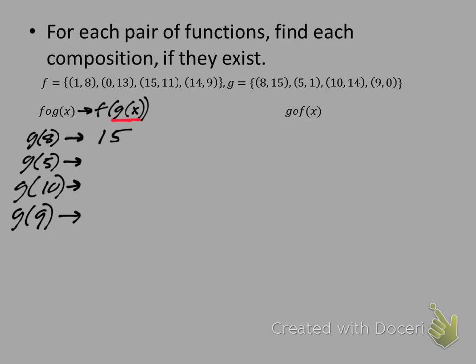Everybody see that up here in the ordered pairs? So g of 8 is 15. G of 5 is 1. G of 10 is 14. G of 9 is 0. So that's this part. Now do f of all those.